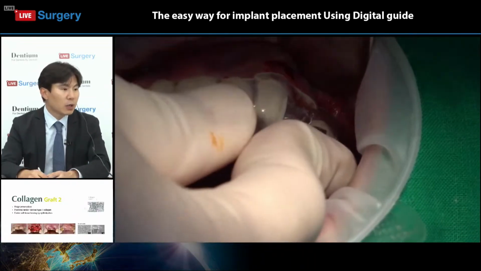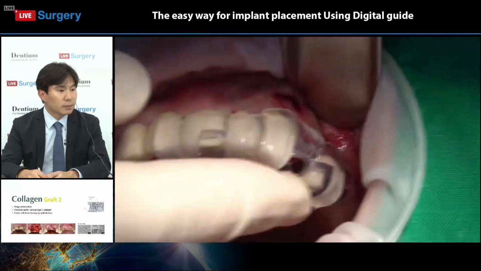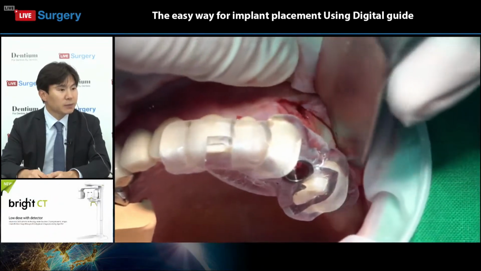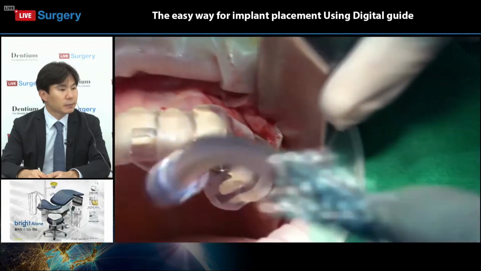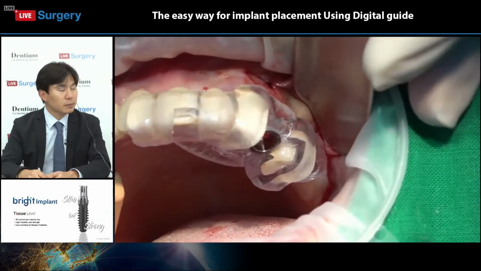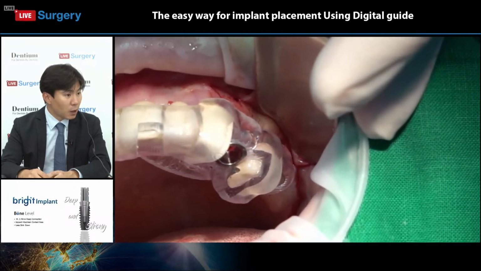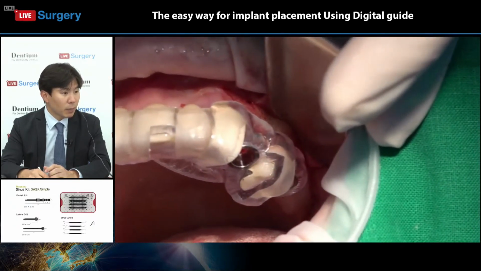And he inserted the guide. He made a partial guide. The fitness of the guide looks good.